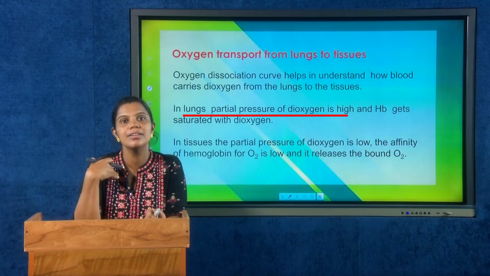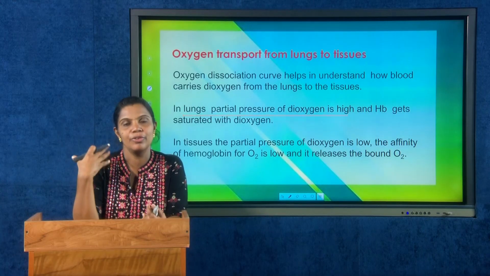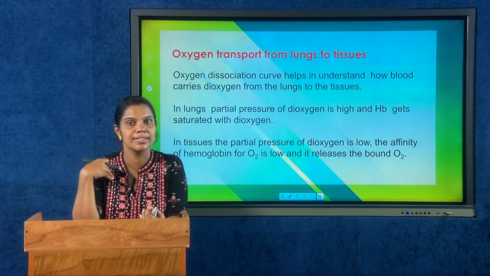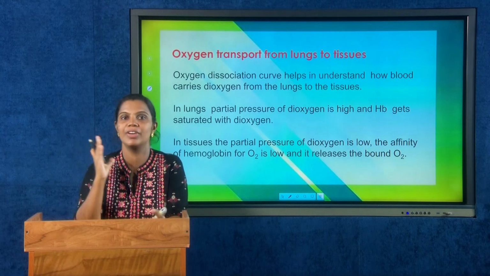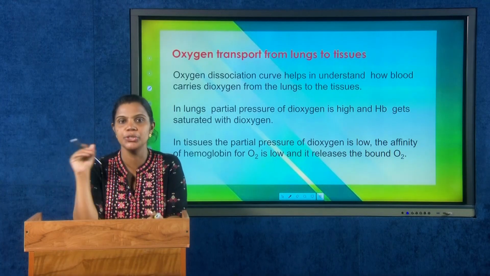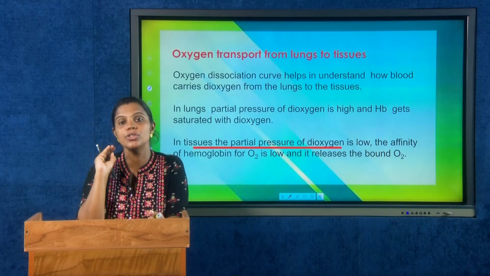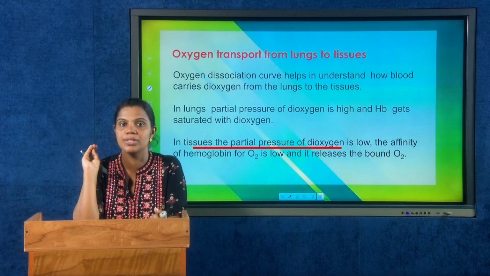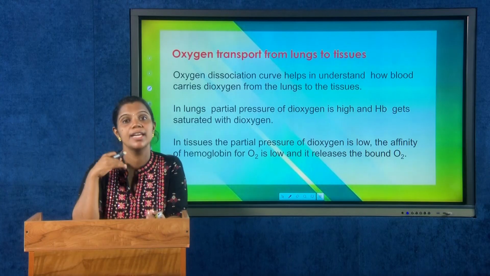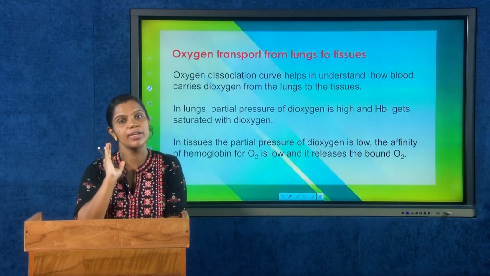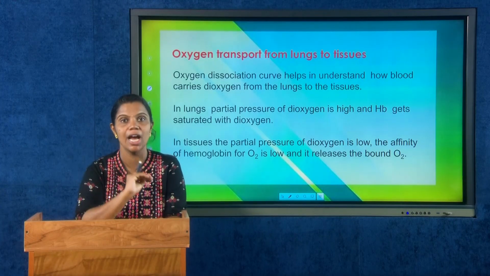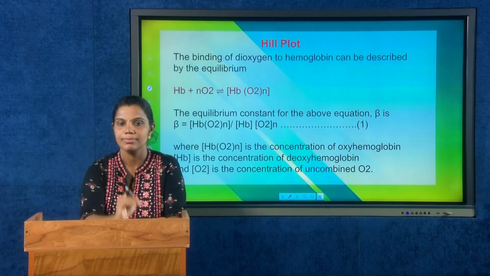When we inhale, our lungs become filled with oxygen, and hemoglobin will get saturated with dioxygen. When we go to the tissues, what happens? The partial pressure of oxygen is very low in the tissues. Hence, the affinity of hemoglobin for oxygen is low and it releases the bound oxygen. So, that is how the oxygen is transported between the lungs and tissues.